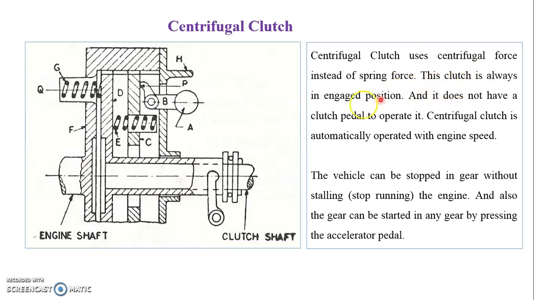This clutch is always in engaged position and it does not have a clutch pedal to operate it. A centrifugal clutch is automatically operated with engine speed. So the vehicle can be stopped in gear without stalling the engine, meaning without stopping the engine, and also the vehicle can be started in any gear by pressing the accelerator pedal.